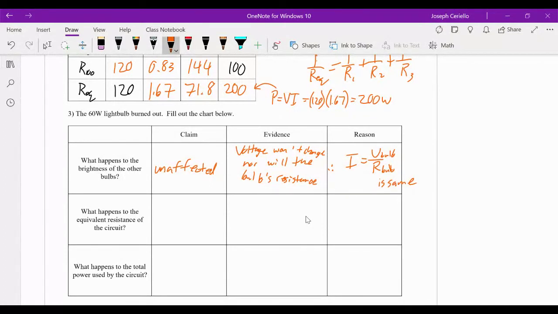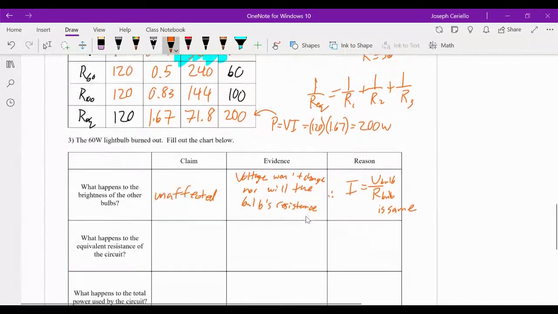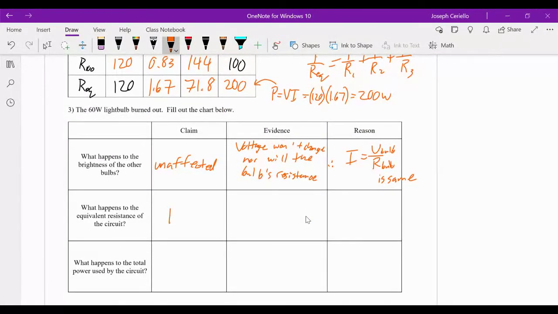Okay. Will the total current of the circuit change? Yes, but not for that individual bulb. What happens to the equivalent resistance of the circuit? This is something you did the last class, but you can try it out. So the equivalent resistance of the circuit will go down. What's my evidence? Well, try it out. 1 over R equivalent. Now the 60-watt one burned out, so 1 over 40 plus 1 over 100.